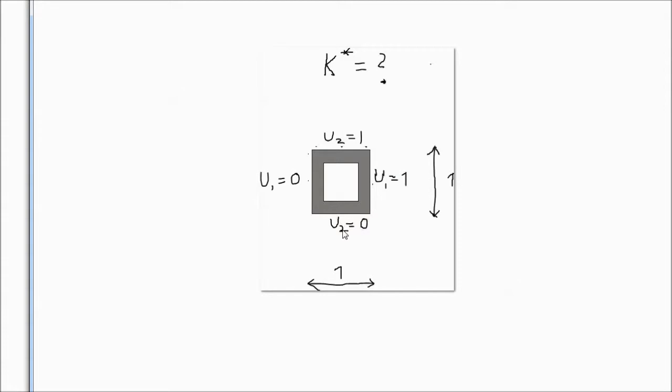Similarly, in the y direction, we let u2, the displacement in the y direction, be equal to 0 on this lower boundary, and on the upper boundary we choose u2 to be equal to 1. So the normal strain in the 2 direction is just equal to this value minus this value divided by 1. So this is actually the average normal strain in the y direction.